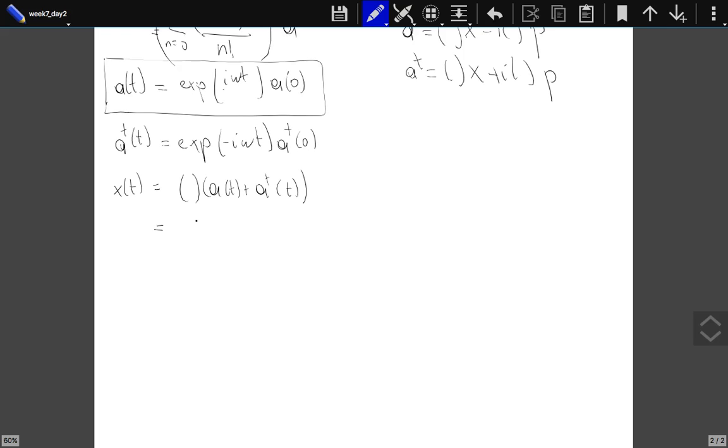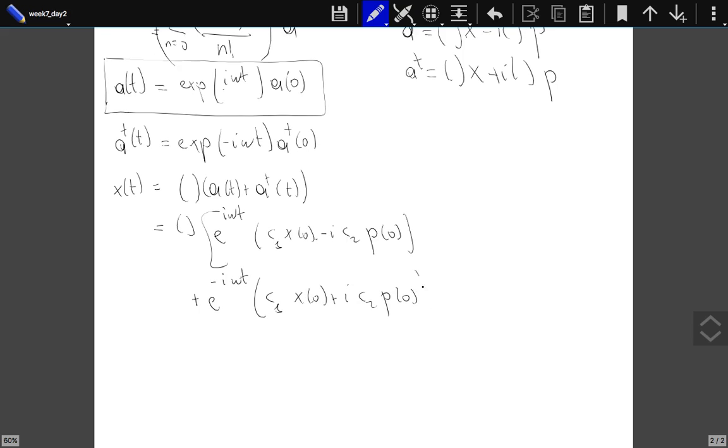So this is equal to, with some proportionality, e to the power I omega t, C1 x0 minus I C2 P0, plus e to the power minus I omega t, C1 x0 plus I C2 P0.